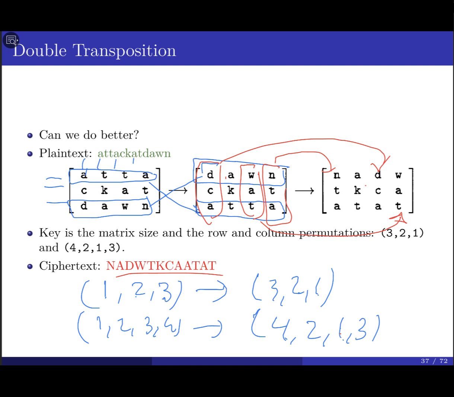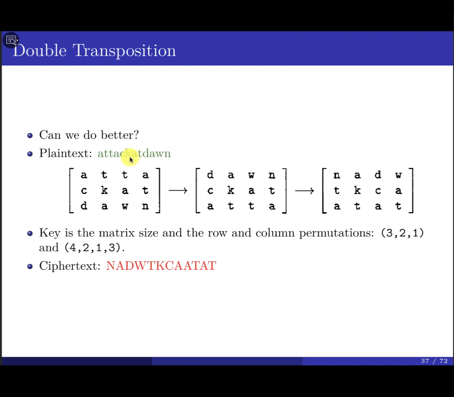Then you need to have access to the key that we used here. What's the key? The permutation that we used to reorder the rows, and also the permutation that we used to reorder the columns. So you have the plaintext here, and this is the ciphertext, how it looks here.